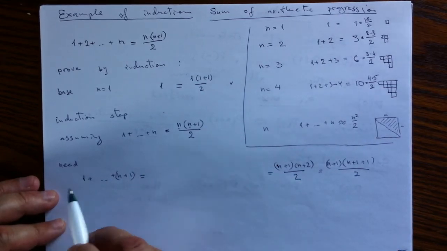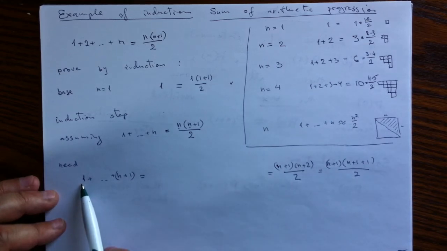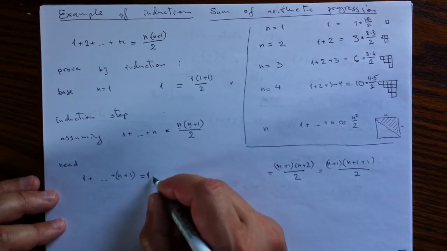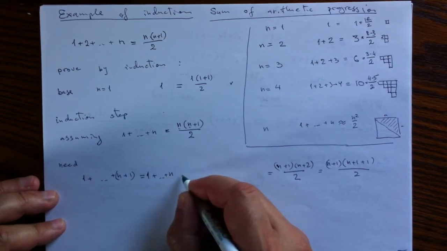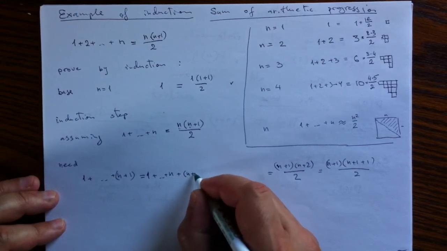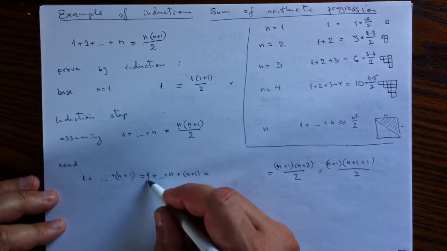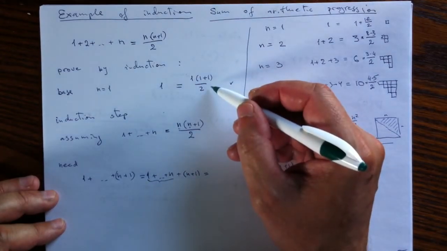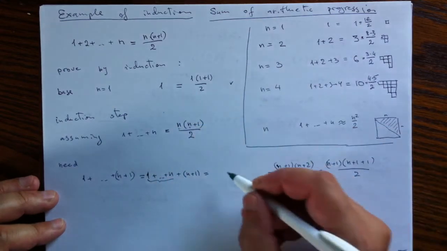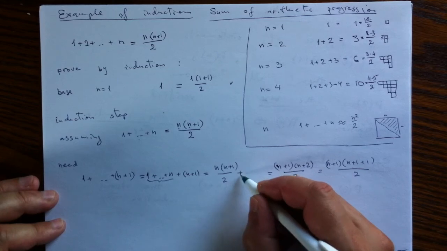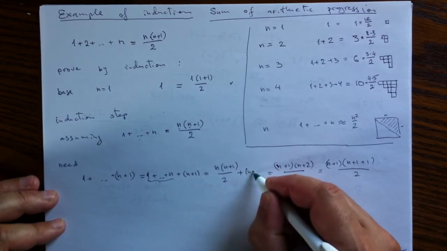And this sum, again, is the sum of the first n plus 1 natural numbers. Inside it, I could see the sum of the first n natural numbers, and then on top of them, I have the next one, n plus 1. And by assumption, this sum is equal to n times n plus 1 halved. On top, I should have n plus 1.